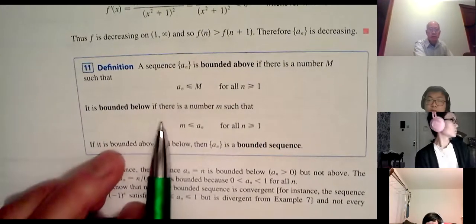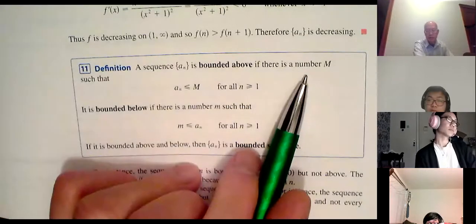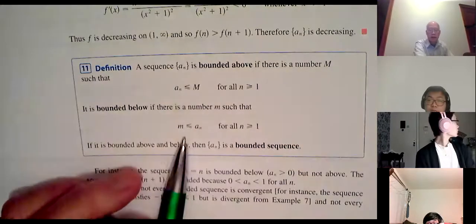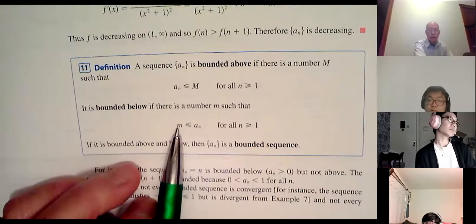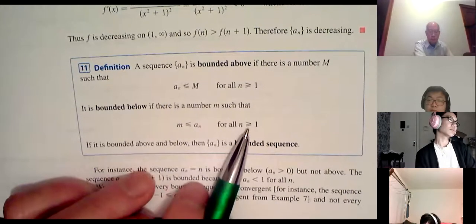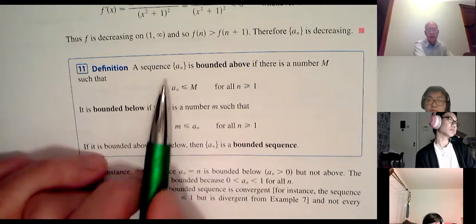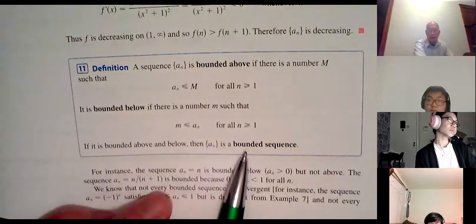You can be bounded below if there's a number little m, so notice big M for the bigger number, little m for the smaller number, minimum number. Bounded below if there's a number little m such that m is less than or equal to a sub n for all n greater than or equal to 1. And if you have a sequence which is bounded above and below both, then we just say it's a bounded sequence.